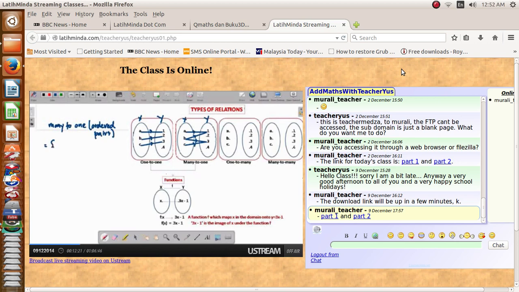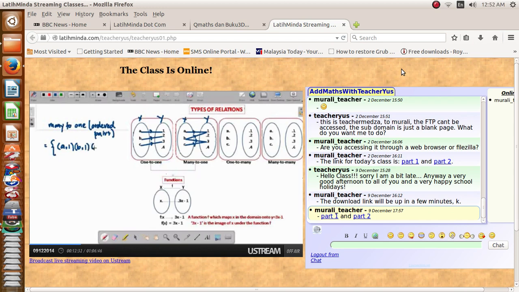You will write them like this: open bracket A, comma 1, open bracket B, comma 1, close bracket.